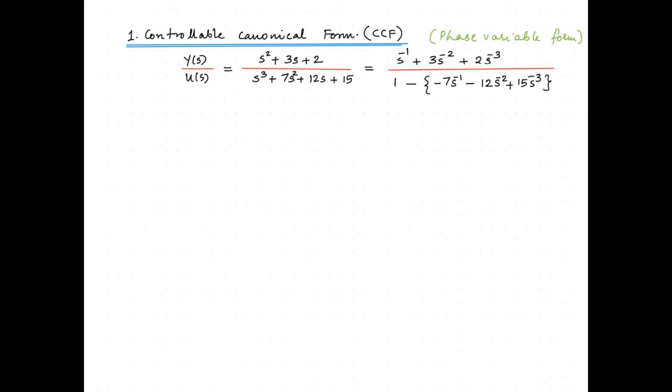So here, given a transfer function, the first thing is you need to convert it as functions of s raised to minus 1, because s raised to minus 1 is the Laplace representation of an integrator. s raised to minus 1 is nothing but 1 by s. 1 by s corresponds to an integrator. We will see how these integrators can help in obtaining the state model.